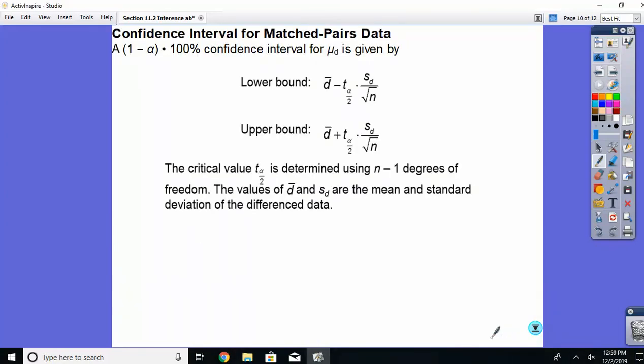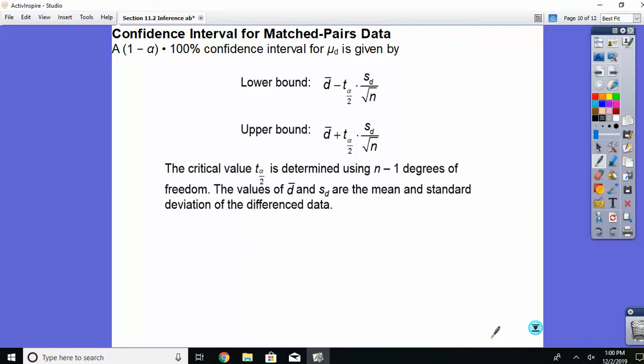Alright, so if I wanted, we've done the 1 minus alpha percent, 95%, 99% confidence intervals. We've done those many, many times by now. To do that, you have to take the mean of the difference plus and minus your T alpha over 2 times the standard deviation of your difference over the square root of n. This is very similar, if you look at your formula sheets, to the confidence intervals that we've done before.